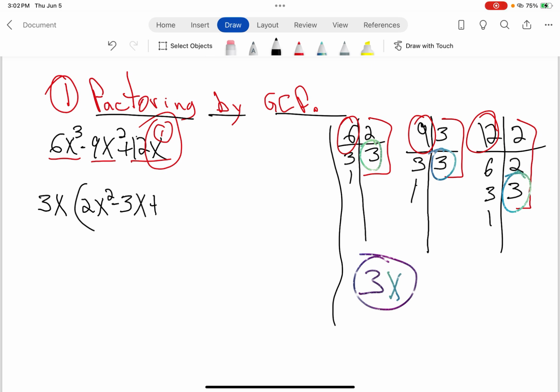And then the final term is 12x, which has a 1 in the top. So when you divide, first the number 12 divided by 3 is 4, and then the variable, when you subtract, x divided by x, you subtract the power, 1 minus 1, each one has a 1 in the top, and it will be 0, and anything to the power of 0 is 1.